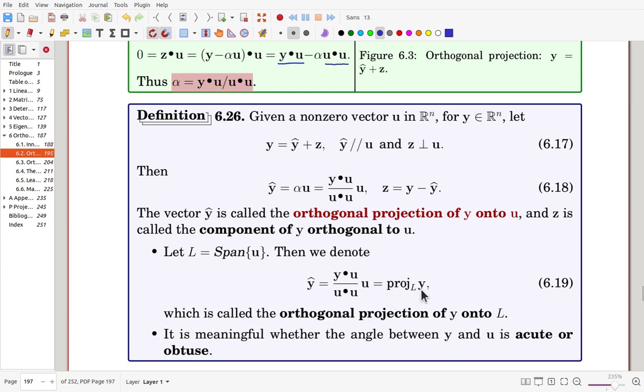Projection of y onto L. So we call that way, we call the term the orthogonal projection of y onto L. The reason we consider such expansion is here, it is meaningful whether the angle between y and u is acute or obtuse.